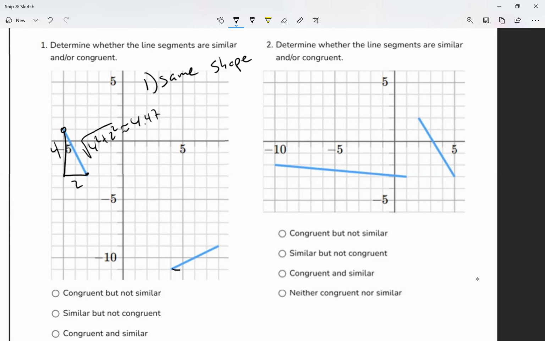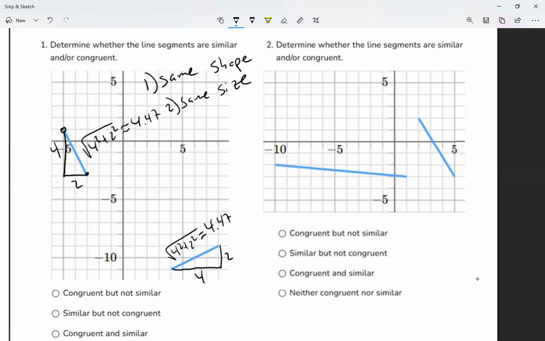On this other one here, this is 2 squares. This one is 4 squares. So this one is the square root of 4 squared plus 2 squared, which is about 4.47. Okay, I guess they have the same size as well. So that's congruent, right?